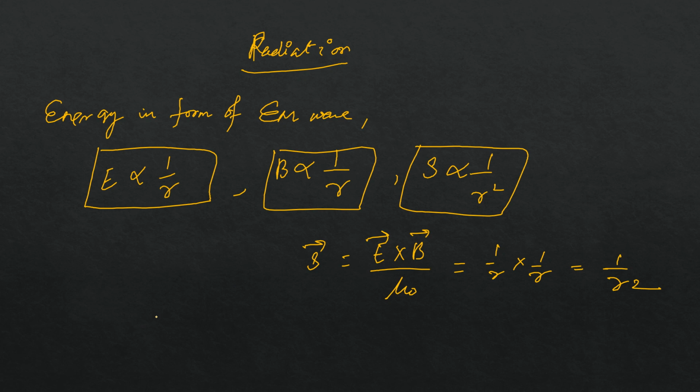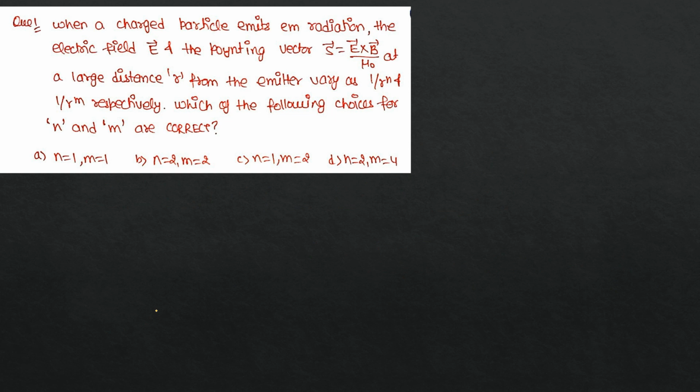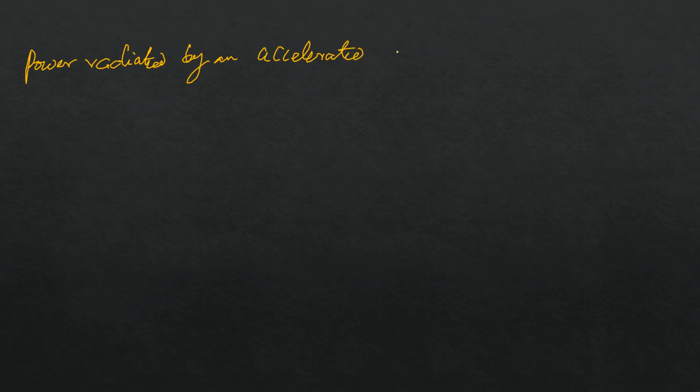So there are some formulas we have to remember from this chapter, which are the electric dipole transition and the power radiated by an accelerated charged particle.